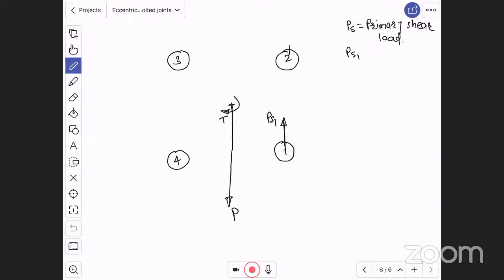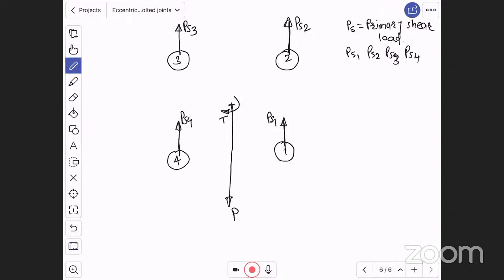Again in bolt 2 there will be primary shear load, vertically upward, PS2. Again in bolt 3 there will be vertically upward primary shear load, PS3. Again in bolt 4 there will be vertically upward primary shear load, PS4, right? Means PS1, PS2, PS3, and PS4 are primary shear loads in bolt 1, bolt 2, bolt 3, and bolt 4.